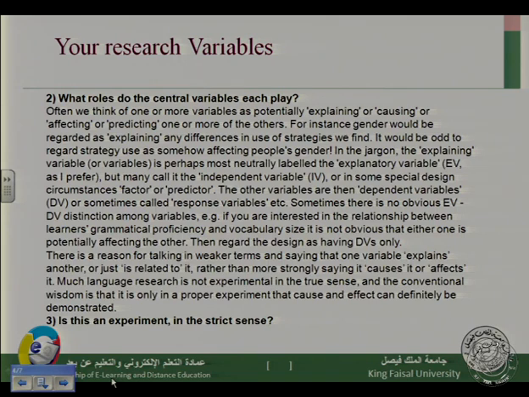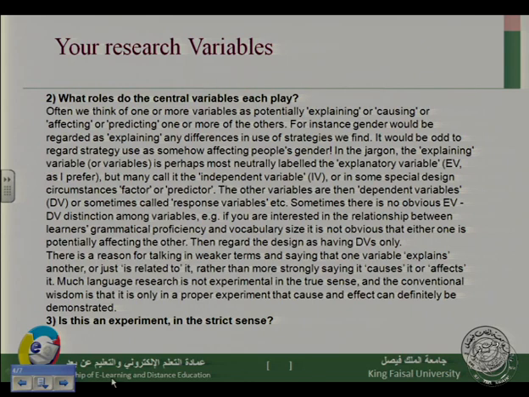We need to specify the role, which is the dependent and which is the independent. Here they are called explaining variables, because the variable explains the other. Age explains to us the use of strategies, or explains to us the attitudes towards English.